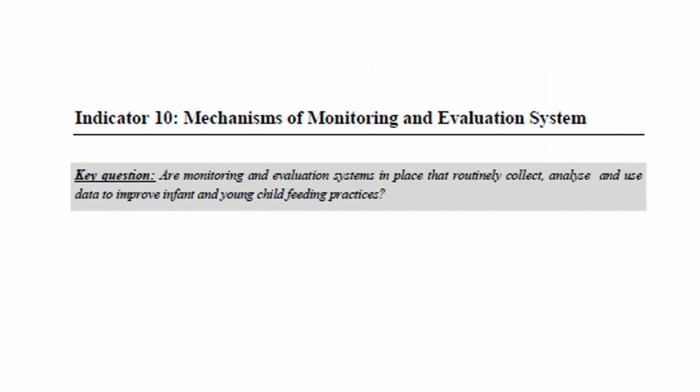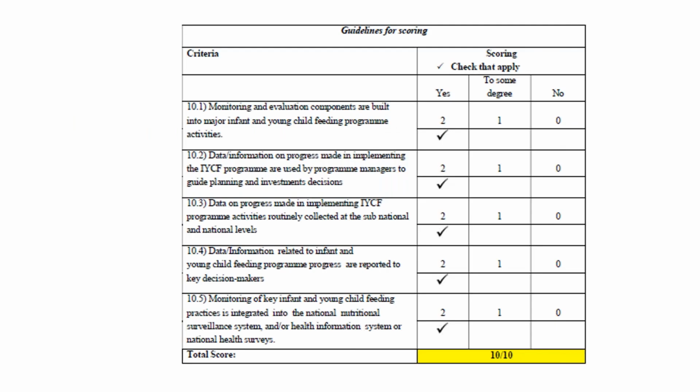Indicator number 10 is the mechanisms of monitoring and evaluation systems. In this case, we're looking for systems that would be in place that would routinely collect, analyze, and use data to improve infant and young child feeding practices. And for this indicator, we rely heavily on the CDC.